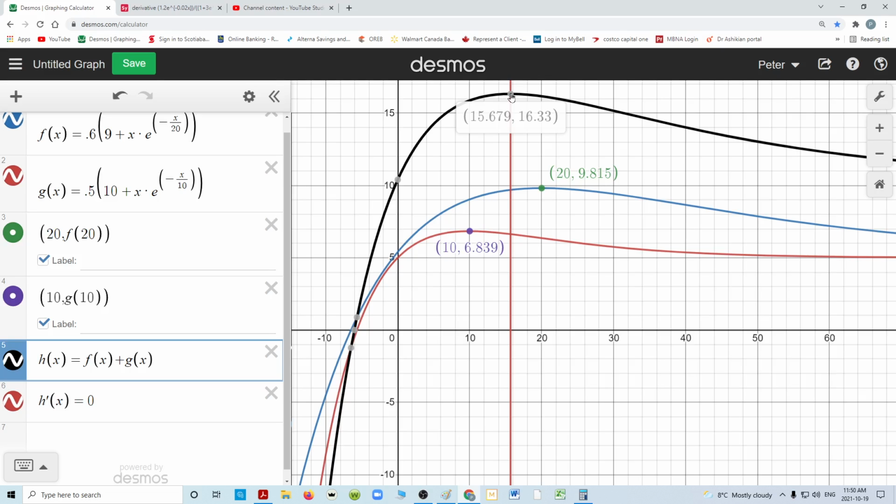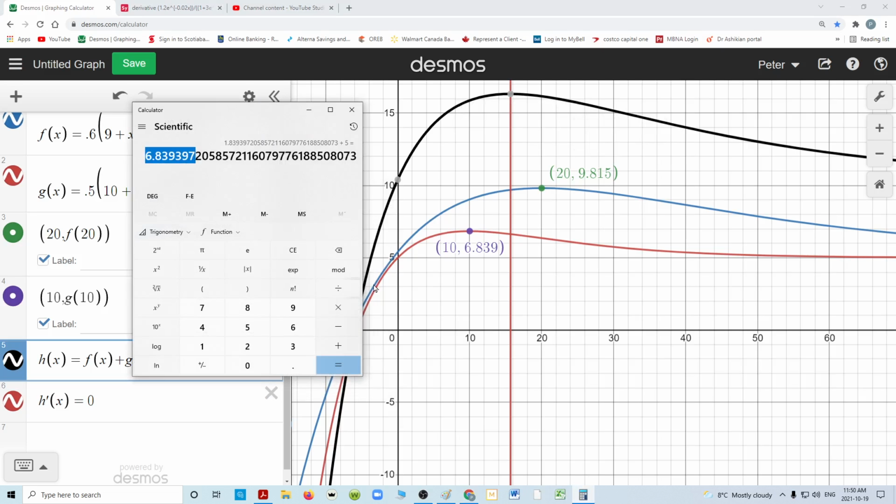I imagine it might be possible to take 20 times 9.8 plus 10 times 6.8 and find a weighted average there. I don't think that might work, but I doubt it.